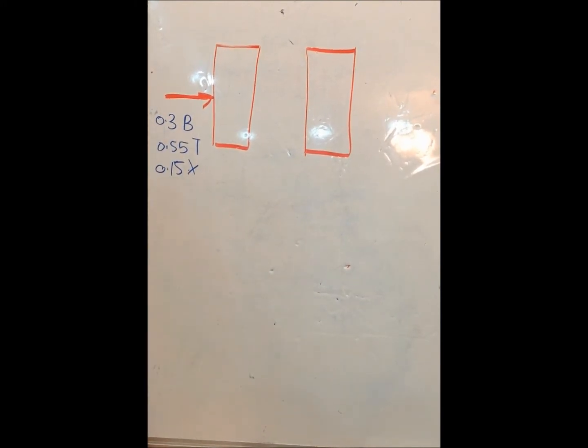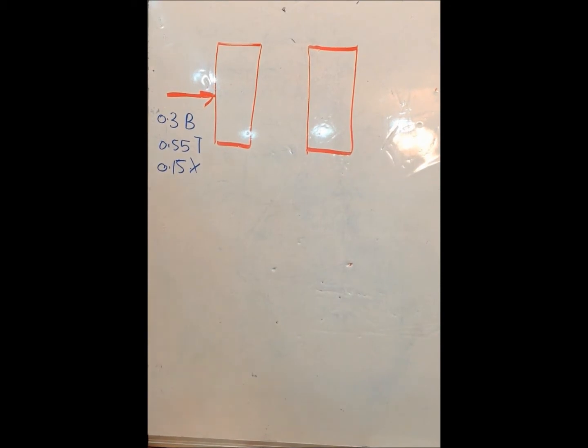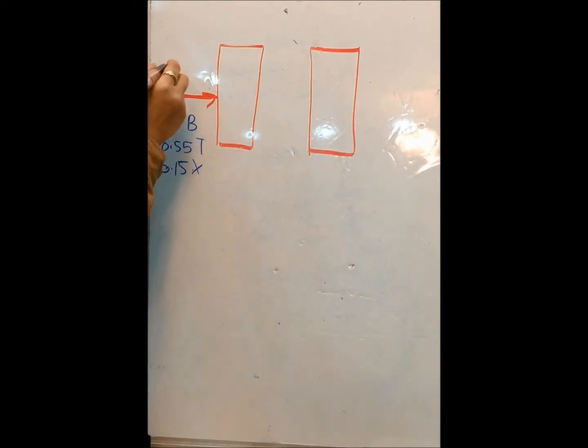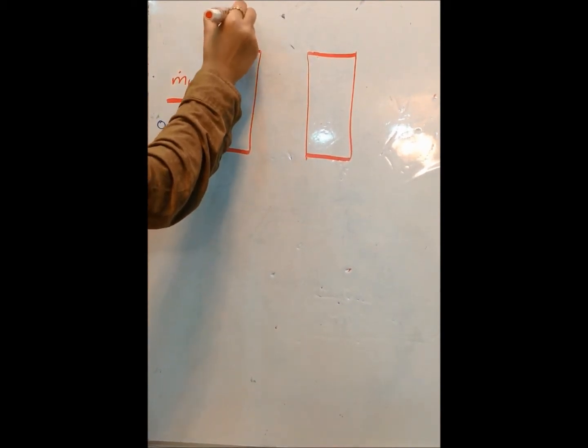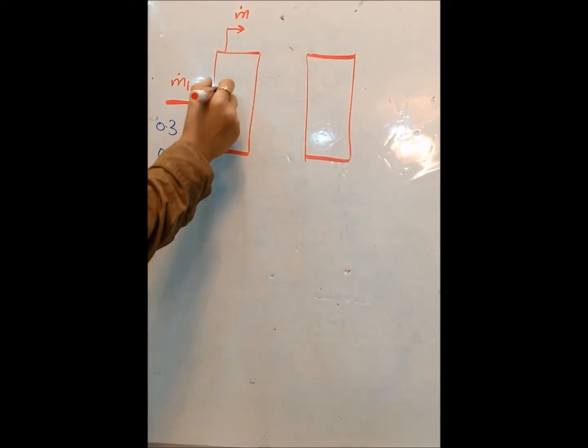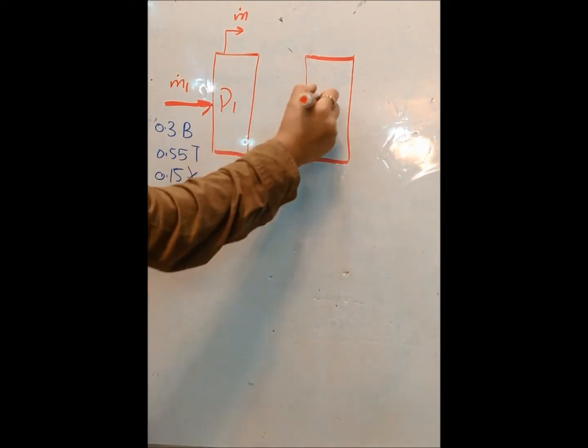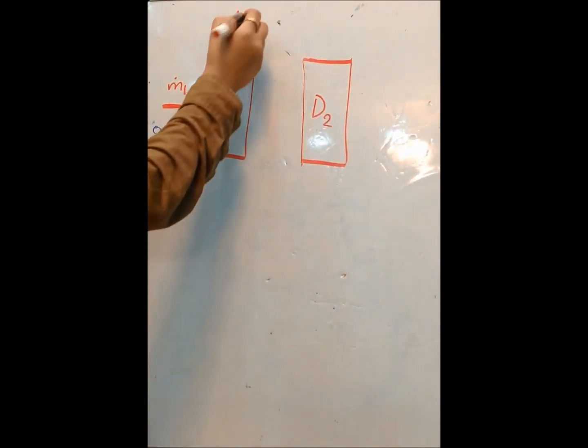The analysis of the overhead stream from the first column. So this will be m1, and here we have m2, which is the overhead of distillation 1, and here we have distillation 2.